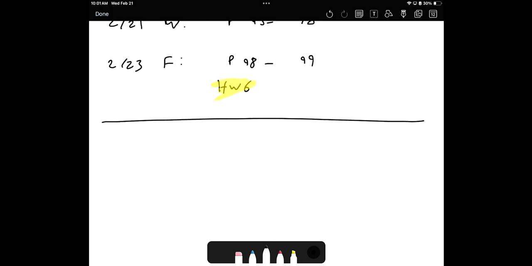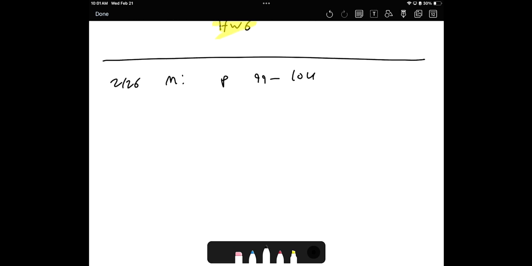Then next week, the 26th, will be Monday, so the reading will be pages 99 to 104. And Wednesday, the 28th, the readings are pages 104 to 106, and it's also the due date for homework number 7, which will be next Wednesday as well.